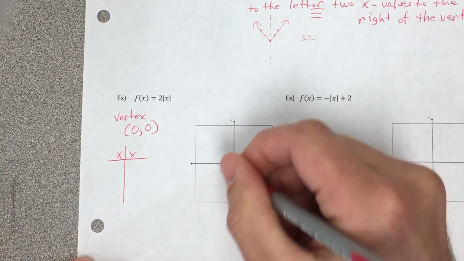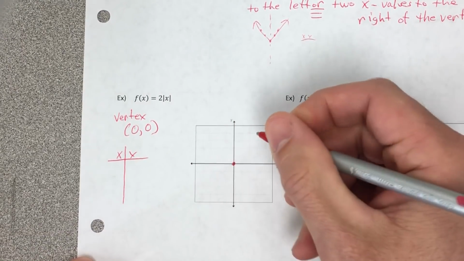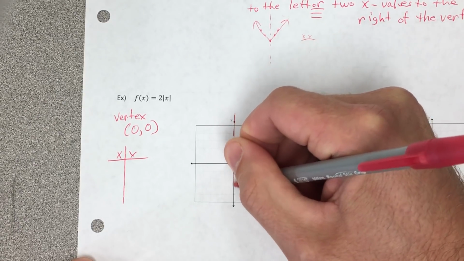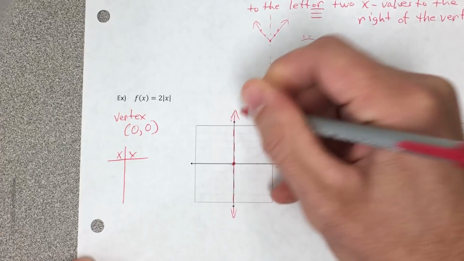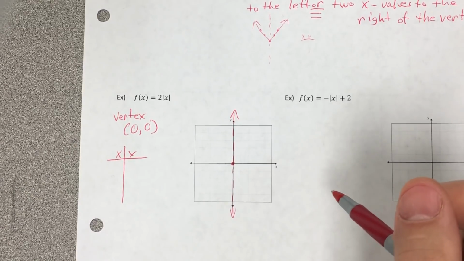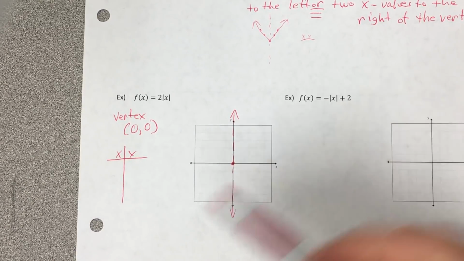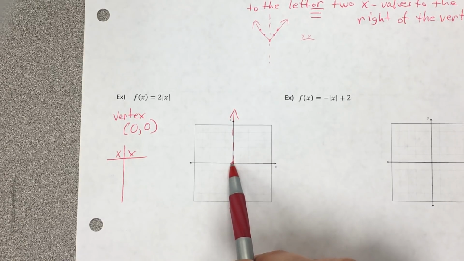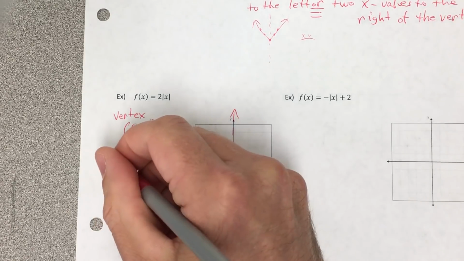Our vertex is at (0, 0), and that means our axis of symmetry is the y-axis. So there's my dashed line representing my axis of symmetry. Then I want to use two x values to the right or two x values to the left of the vertex. Since I'm at 0, I'm going to use 1 and 2.